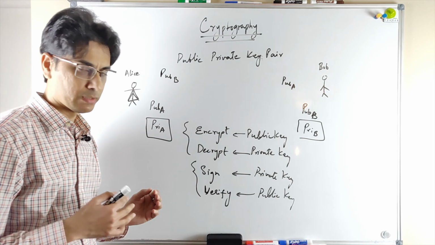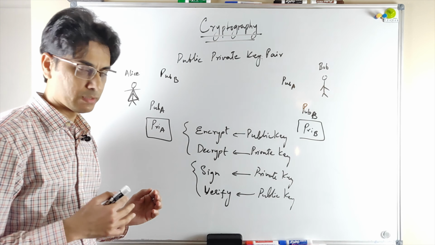Similarly, these public and private keys are used for signing and verification. For example, if Alice says "I am 21 years old" and signs this message with Alice's private key, the output is a digital signature, which is nothing but a hash, and she can send that hash along with this message to Bob.